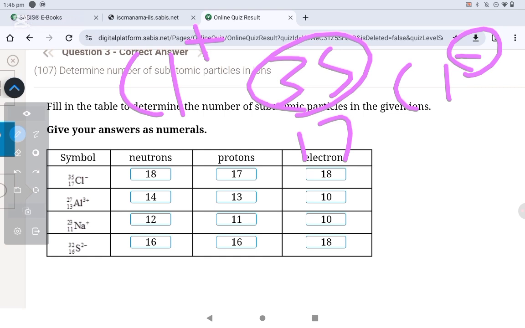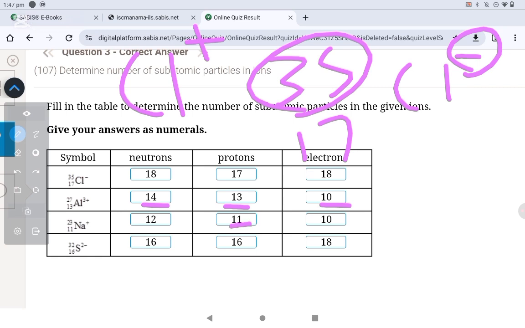And protons never change. Okay, Al, aluminium, 3 plus. So protons never change, 13. 27 minus 13, we have 14 neutrons. And since it's 3 plus, we're losing 3 electrons, so we have 10 electrons now, okay? Not adding protons, losing electrons. Next one, sodium.